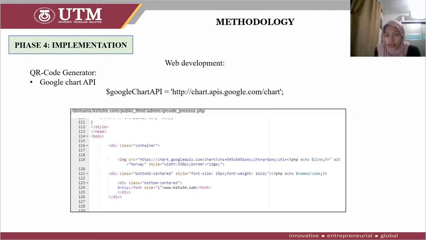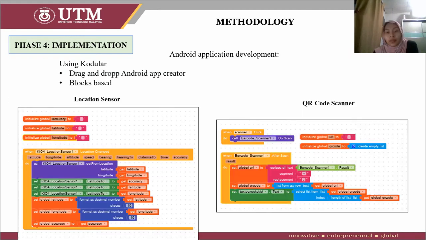In the web development, since the system provides a QR code generator, the Google Chart API is used. For Android application development, as mentioned before, I use Kodular, a drag-and-drop Android app creator, which is mainly block based. The figures provided here show the blocks for the location sensor and the QR code scanner. The location sensor identifies the coordinates of the positions of the trees or the geotagger.